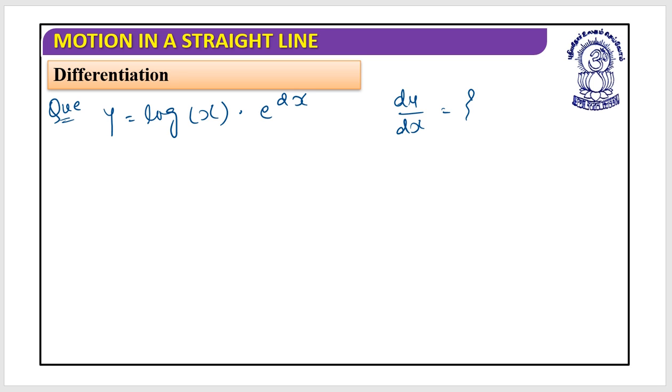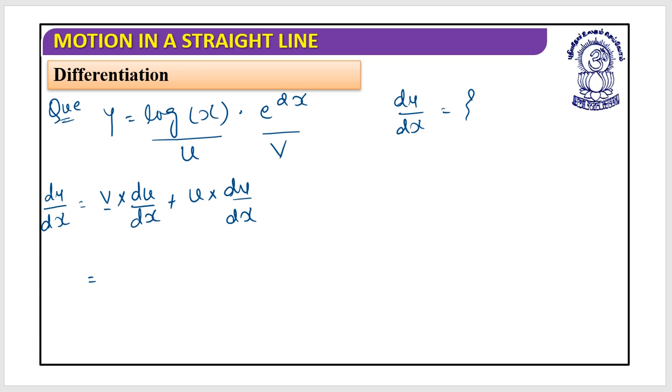Yes, let me help you. This is the first term that I should say as u. This should be considered as a different term, v. So when I perform dy by dx, what I write is v into du by dx plus u into dv by dx.